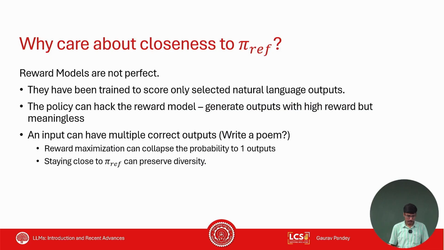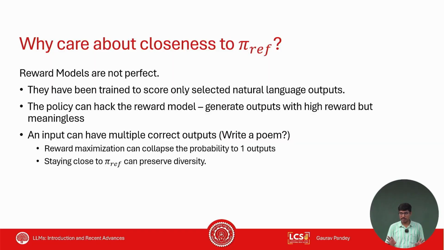I already mentioned why we should care about closeness to the reference policy. This is saying exactly the same thing: reward models have been trained to score only selected outputs, and if you try to maximize the reward model, the outputs that maximize it will not look like natural language at all.